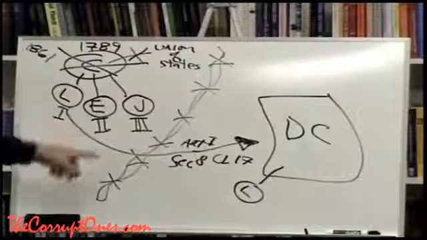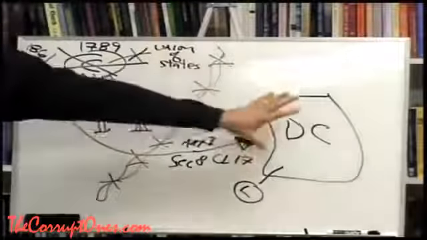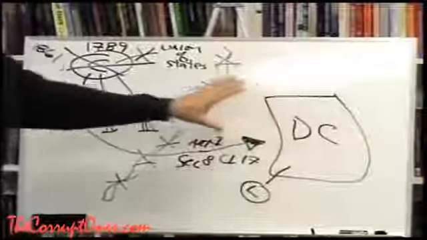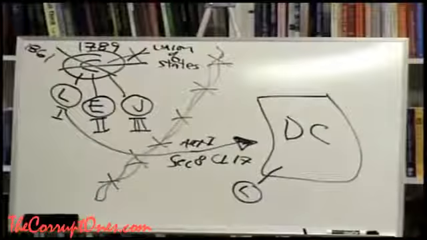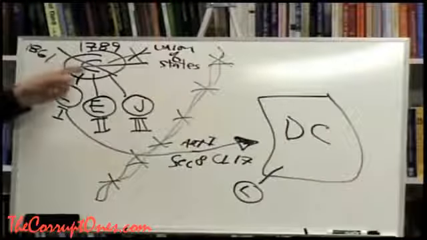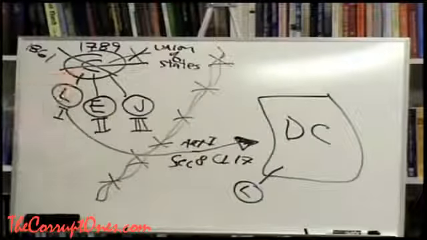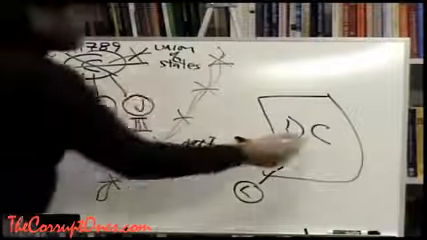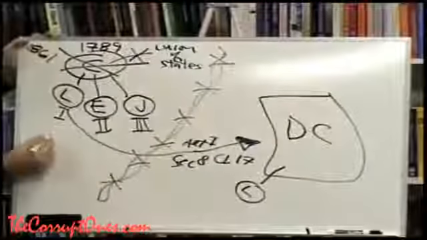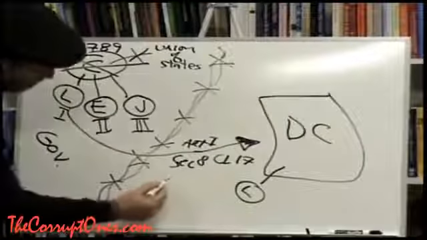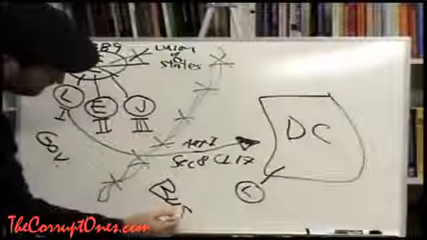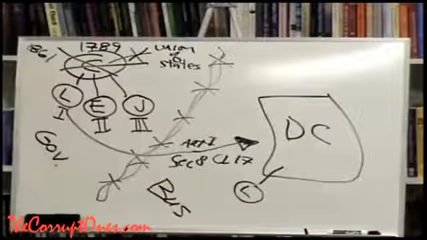Now, think of this. Before I go any further, is this municipal corporation on the same side of the fence as the government used to be? No, it's not. This side over here, we're going to call government. This side over here, we're going to call business. There's a giant difference, folks.